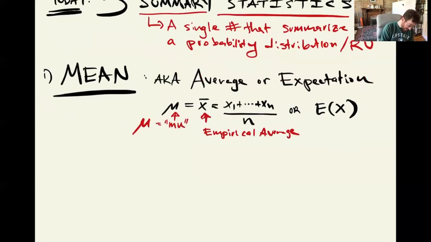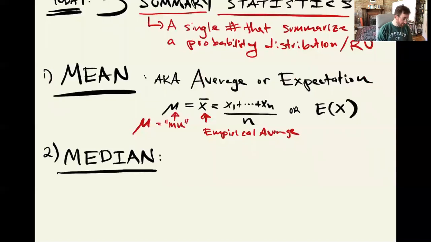All right. The second summary statistic is known as the median. As you might imagine, it's supposed to be talking about the middle of a distribution. And it actually means exactly that.